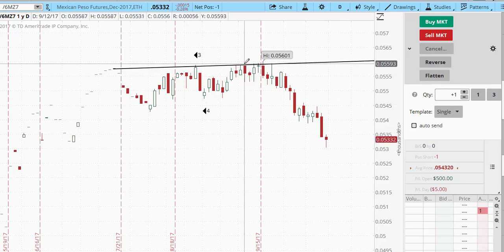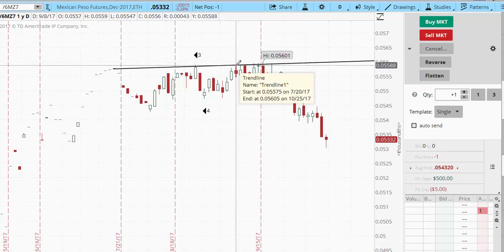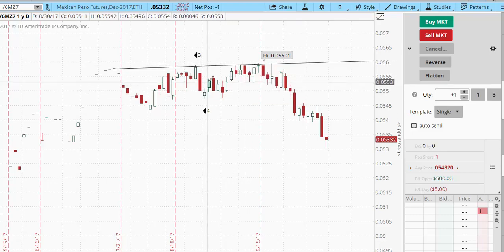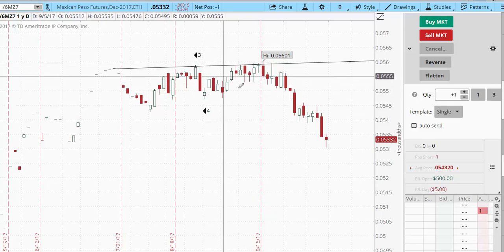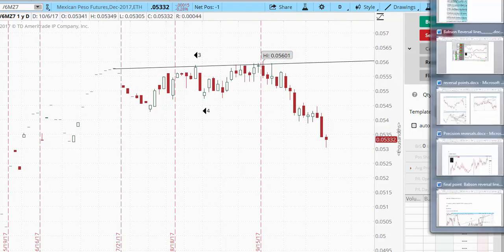Now, remember that the futures contract is inverted to the regular Mexican peso chart. Okay, let's look at this and let's look at a whole bunch more.